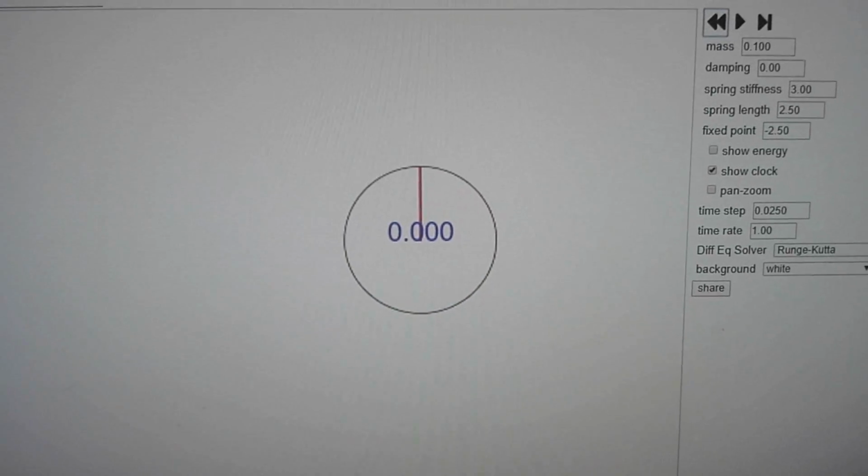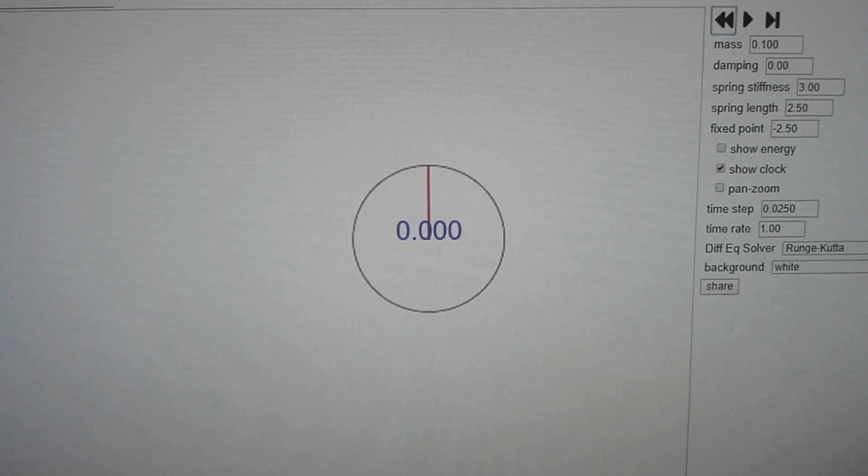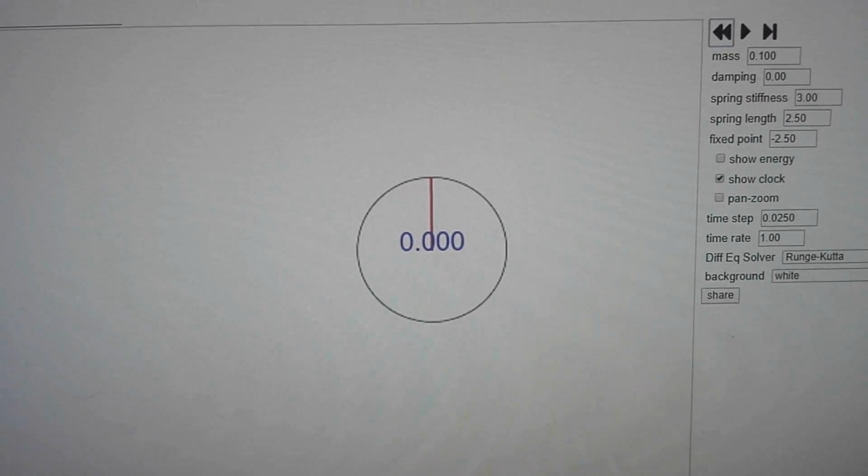Now we will check the effect of mass. So here the mass is 100 gram.